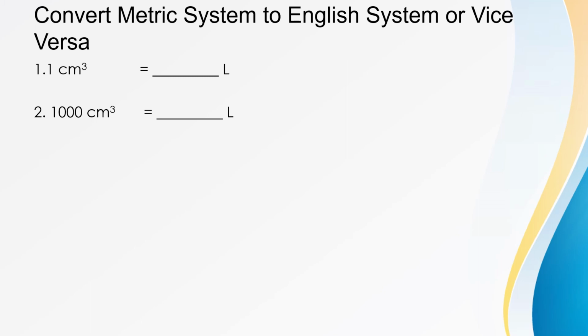For 1 cubic centimeter, this is equivalent to 1 ml. So that's about 0.001 liters. Okay, so 1,000 cubic centimeters is 1,000 ml. That's 1 liter.